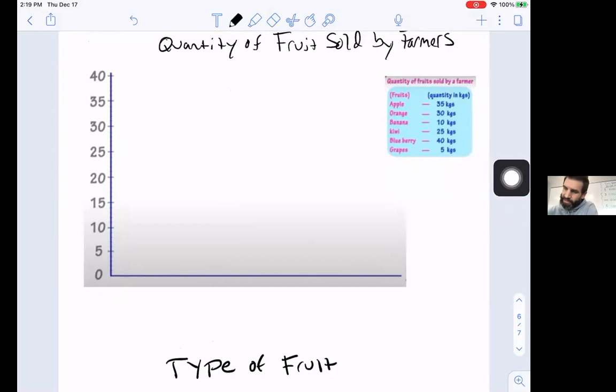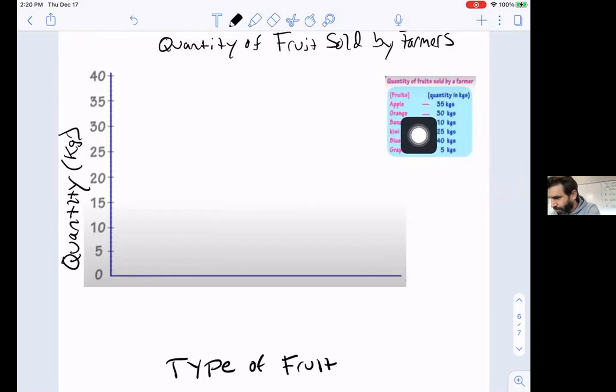So this right here is quantity, the thing we're measuring, and we're measuring that in kilograms. Okay. And we have, looks like 1, 2, 3, 4, 5, 6 fruits. So I'm going to make little dashes here. 1, 2, 3, 4, 5, 6.